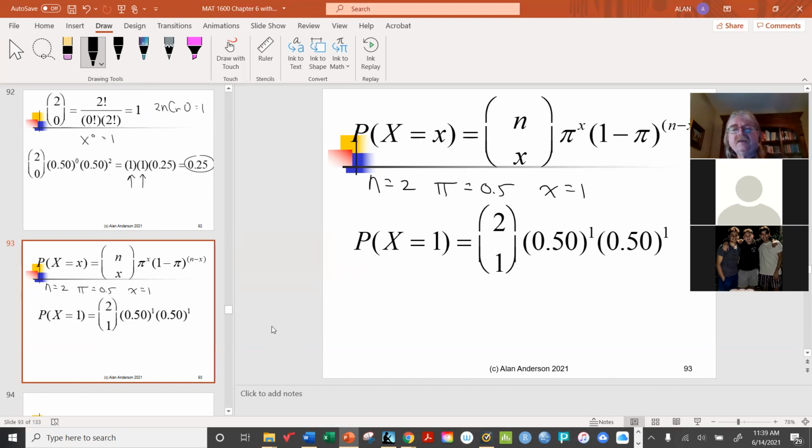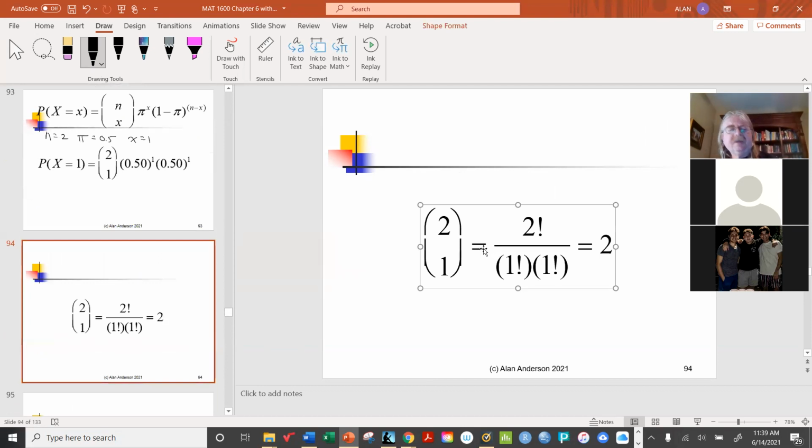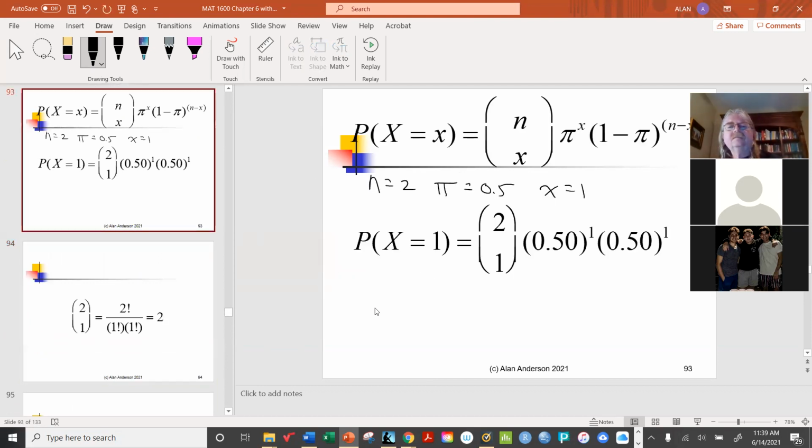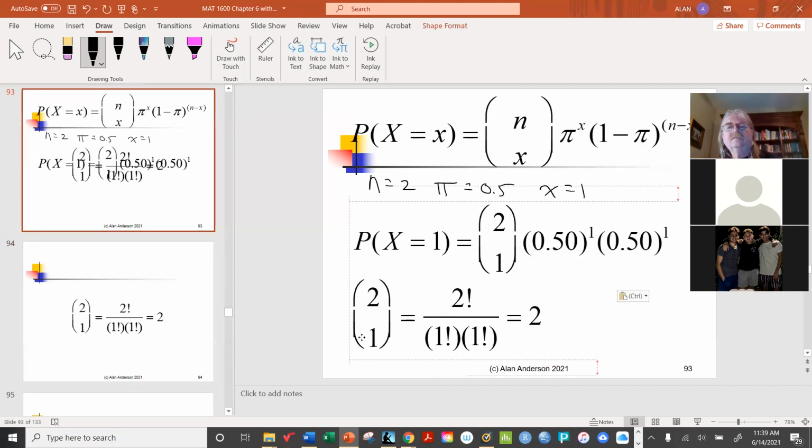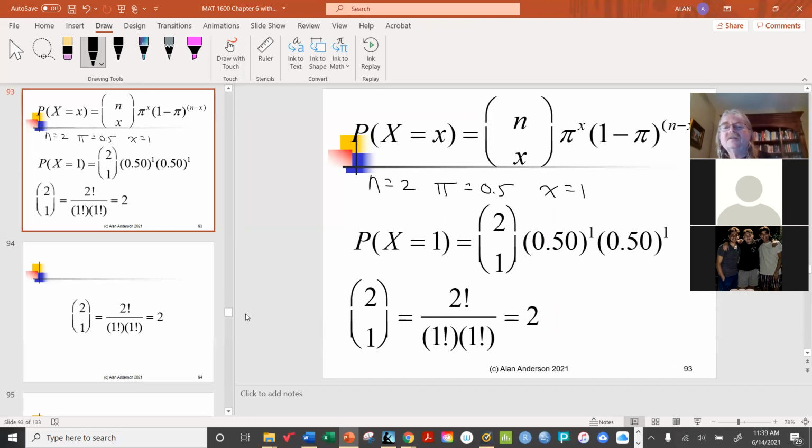So once again, you plug everything in. And so first you have to deal with the number of combinations here, which is on the next slide. I'll copy this up here. And this time it's 2. There are 2 ways of choosing one object from 2. Now each of these, as you can see, is just a half.